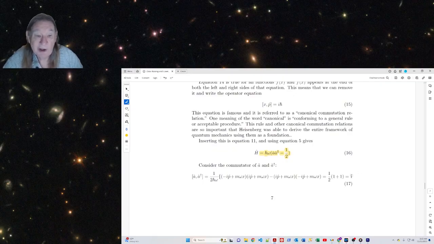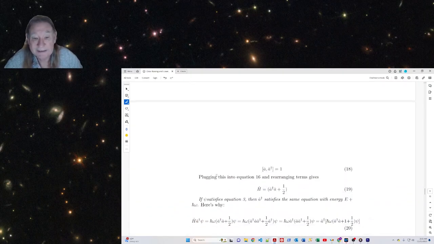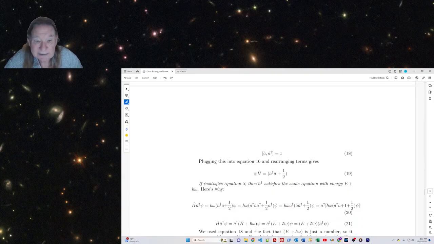So the commutator of A and A dagger is 1. And by the way, if you get into big complicated derivations, it's helpful to keep the A's on the left and the A daggers on the right. This is called normal ordering. Plugging this into the expression for the Hamiltonian, we get this.